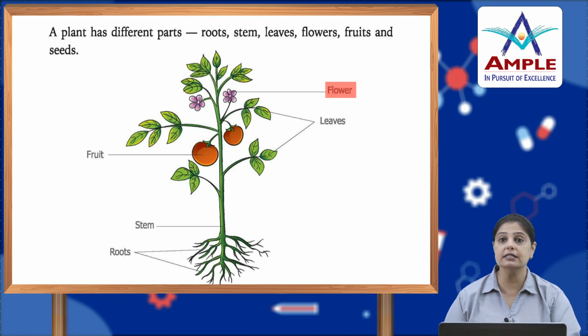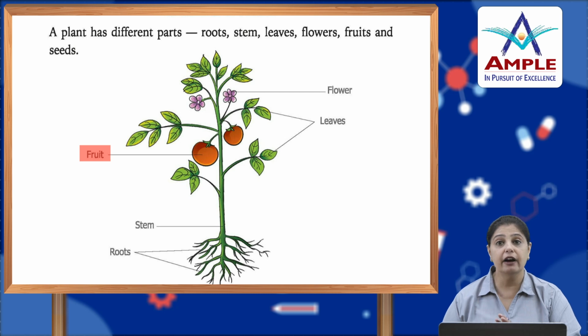Not all plants are flowering plants, but most plants have flowers. Then they have leaves. All plants have leaves. Certain plants do not have flowers, but they are fruit bearing plants. They have a stem, and they have roots.